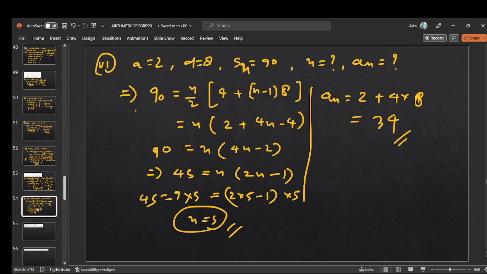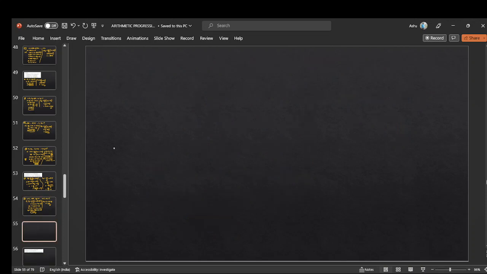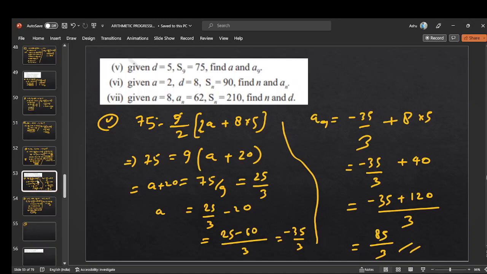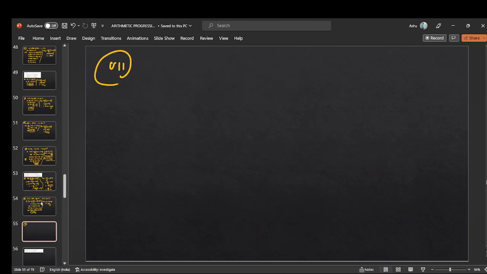7th part of the question. Clear? Now 56, 7th. Now what is the question? A is 8 given.